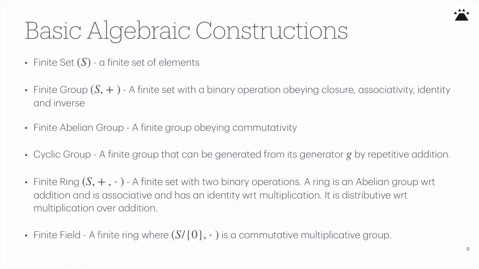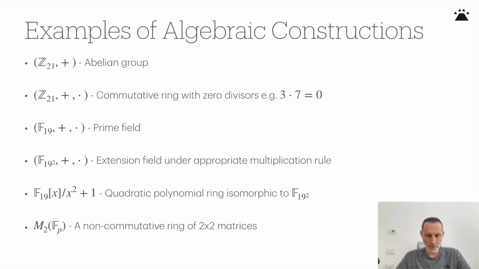Some basic algebraic structures, again, I'm not going to go through them because that's not the actual point of the lesson, but we go all the way from sets to groups, which are sets with a single operation, to rings, which are sets with 2 operations, and finally to fields. There are a few examples of these algebraic constructions here.